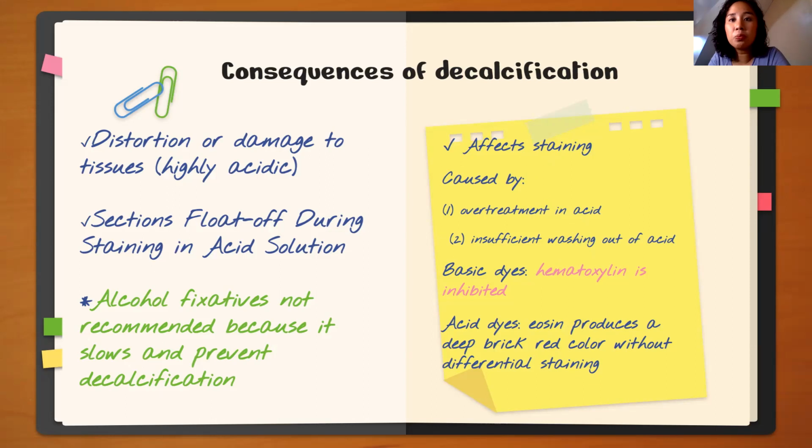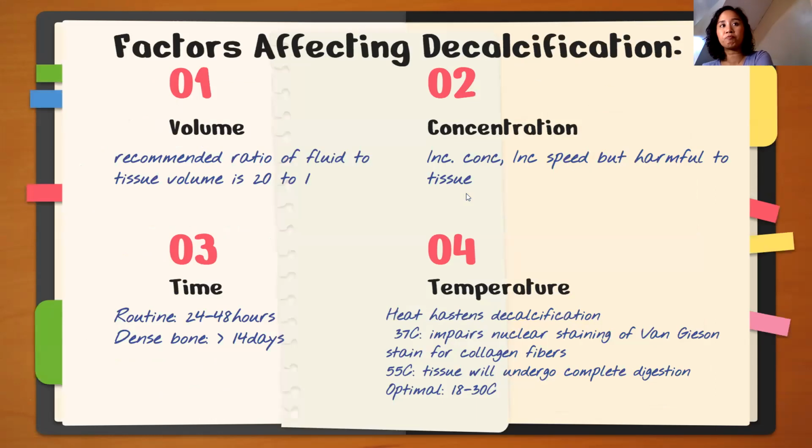And eosin produces a deep red color without differential staining. Masyadong mapula naman. So these are the effects of decalcification. Kung pwede hindi mag-decalcify, pwede naman. Pero class, may time na kailangan talaga kasi masisira yung microtome knife natin. At ito yung mga consequence ng decalcification.